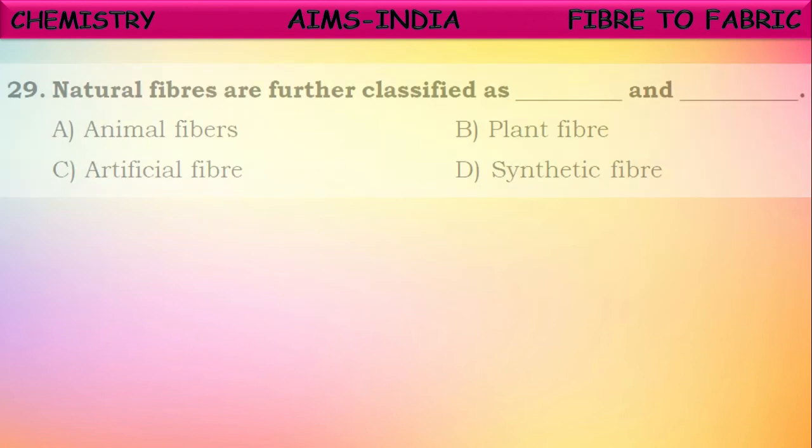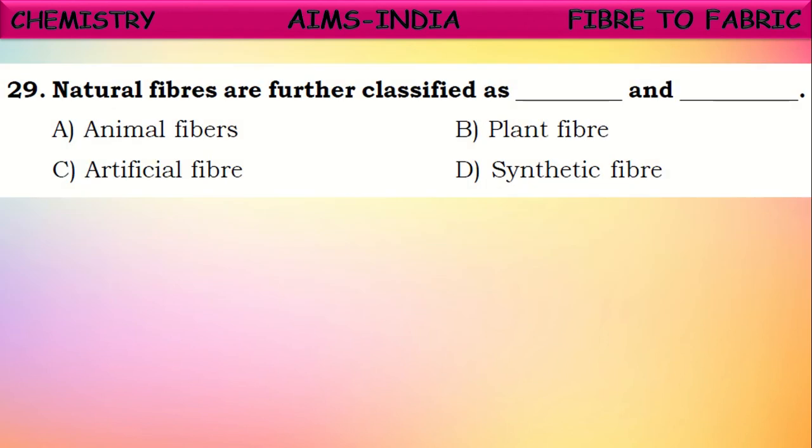So the next question. Natural fibers are further classified as. Natural fibers means the fibers which are obtained from natural sources like animals and plants. Again, based upon these sources, natural fibers are classified into two types.